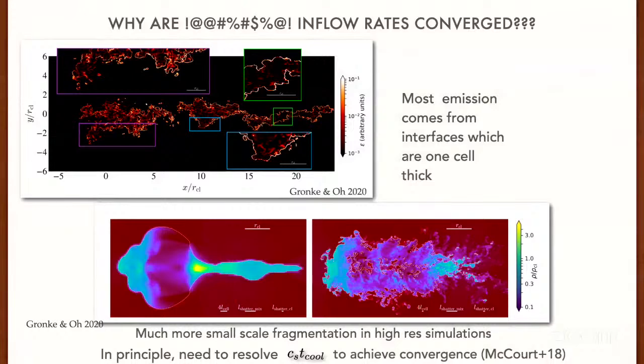You can run a really embarrassingly terrible simulation like this, and you can run a tiny bit more respectable simulation like this. These will have the same integrated cooling rates, when it really looks like it should not, right? And so why is that?